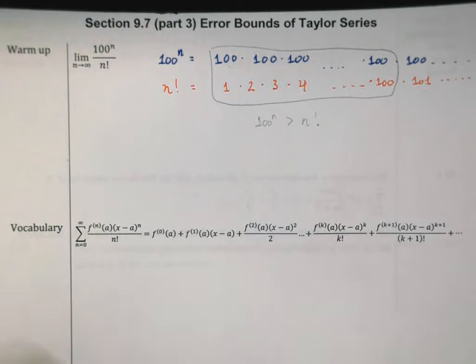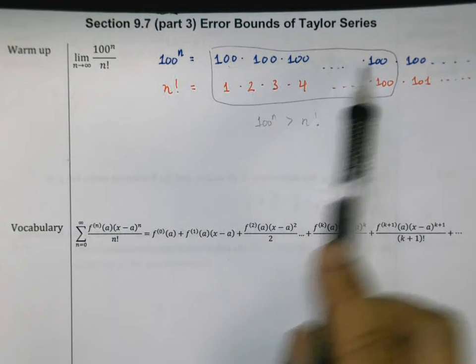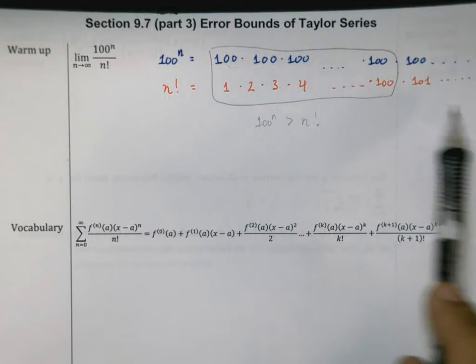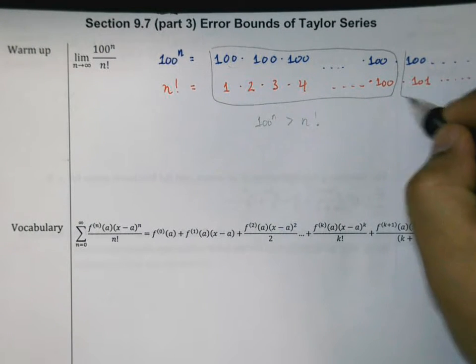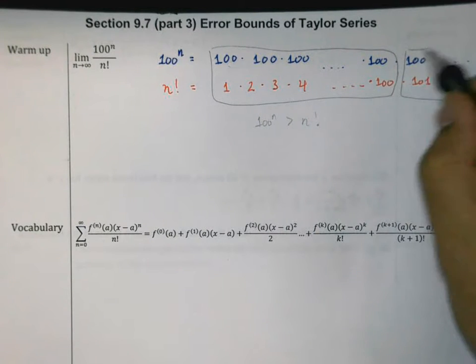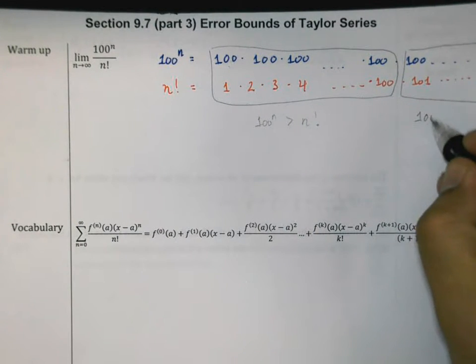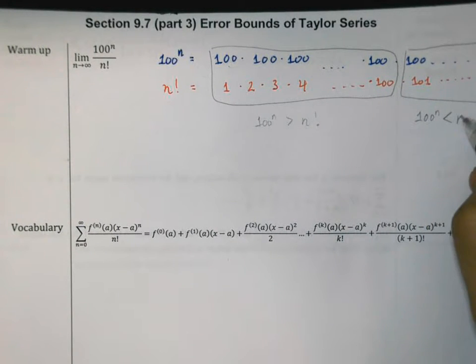We can see that's clearly true because in the first case you're multiplying by a bunch of hundreds, and in the second case you're multiplying by 1 and 2 and 3 and 4. And up to here, that much is true. But in the second half here, from 101 onwards, 100 to the nth is vastly inferior to n factorial.